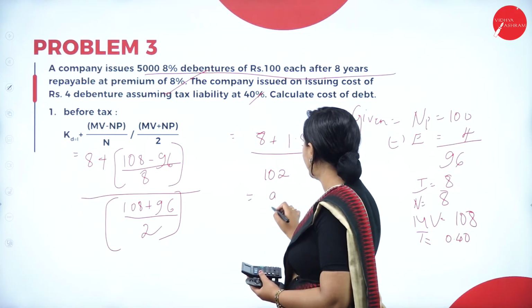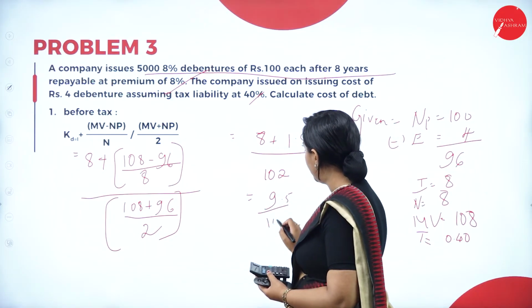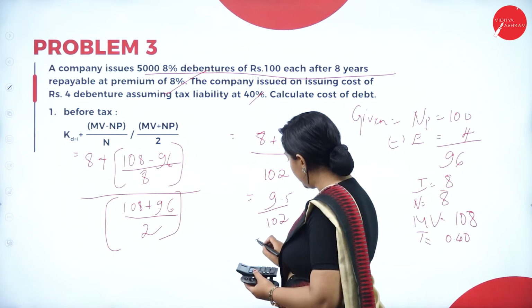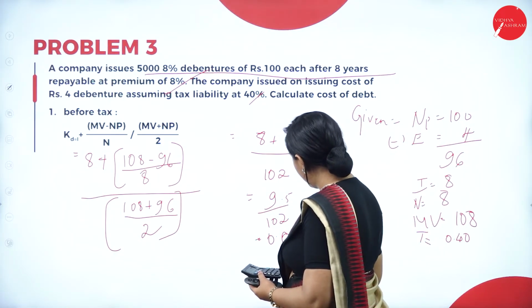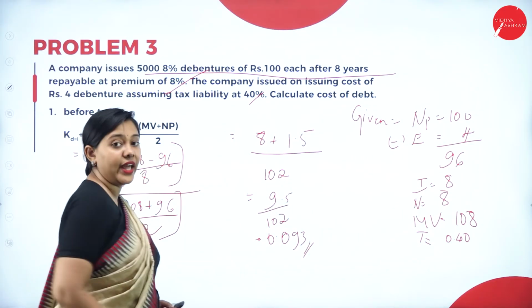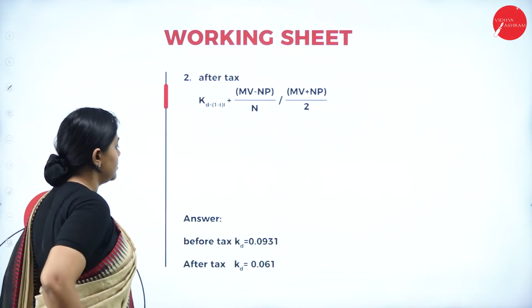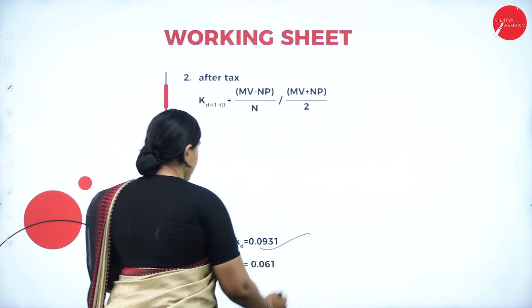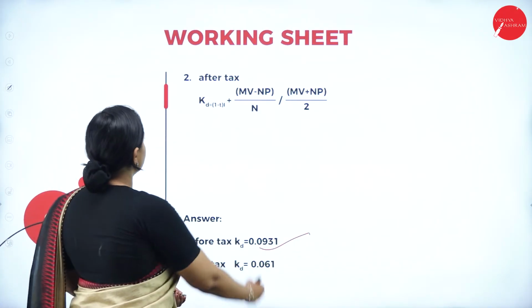So 9.5 divided by 102, it is 0.093. So cost of debt is 0.093. 0.093 is the answer.